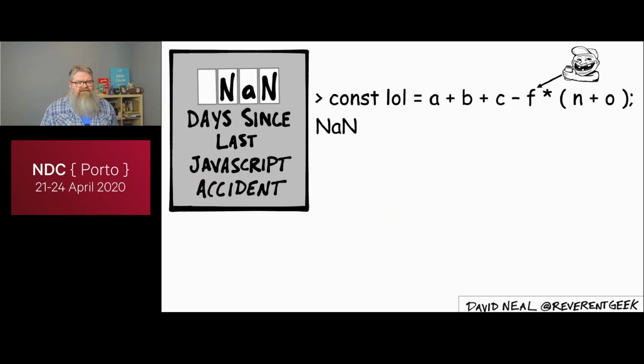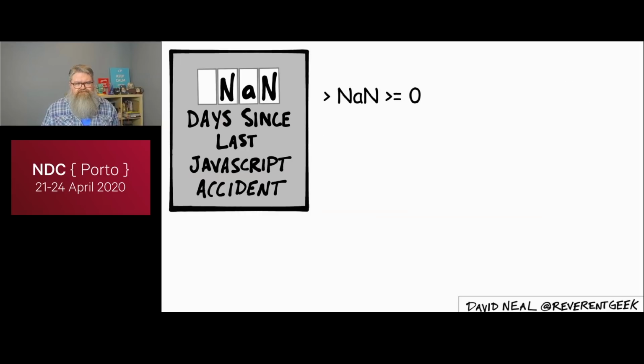Sometimes it's very difficult to find where the NaN is occurring in your code, and maybe you're looking for some clues. So how can we test in our code for NaN? It's not a number, but what's the underlying value of NaN? What can we test for? Is NaN greater than or equal to 0?